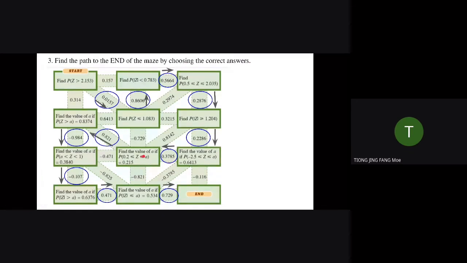Question number 7. Find the value of A if Z in between 0.2 and A is equal to 0.215. And the 0.2 is at the right hand side of the graph, and then A is more than 0.8, so in between 0.2 and A is the shaded region, so we must find the shaded region.